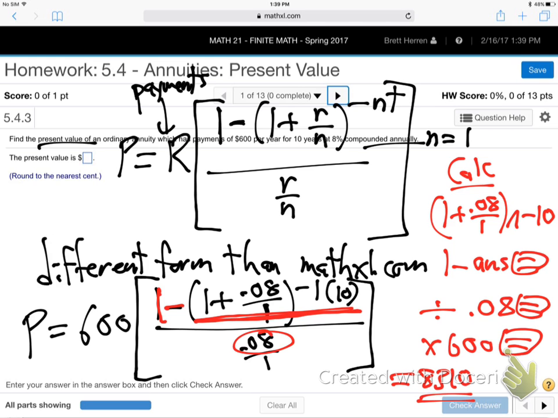You guys getting that? And gals? Anybody? Getting 8310.